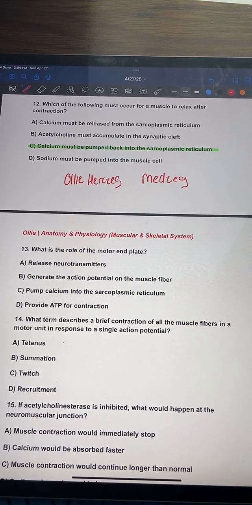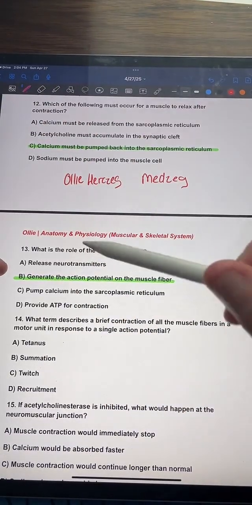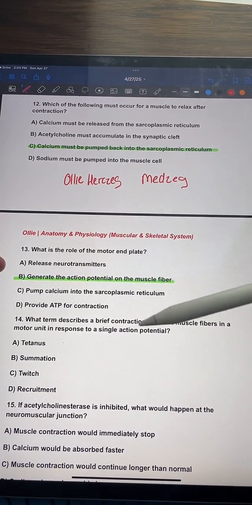The answer choice is A. Or wait, hold on. I'm sorry, not A. It is B. I meant to say, I was looking at a different answer. It is to generate the action potential on the muscle fiber.